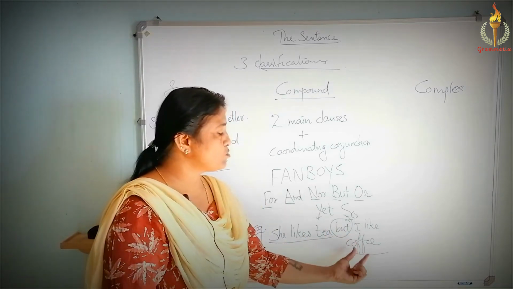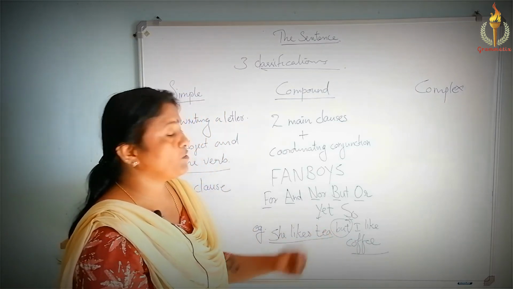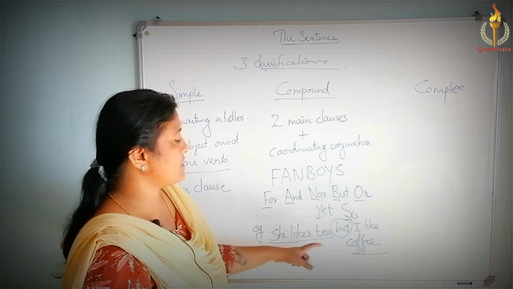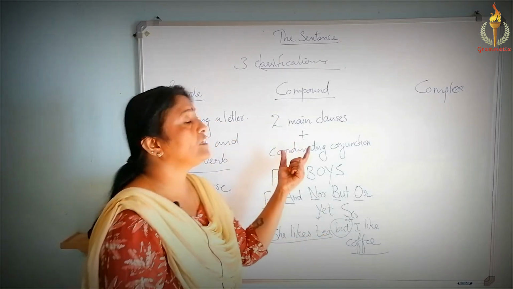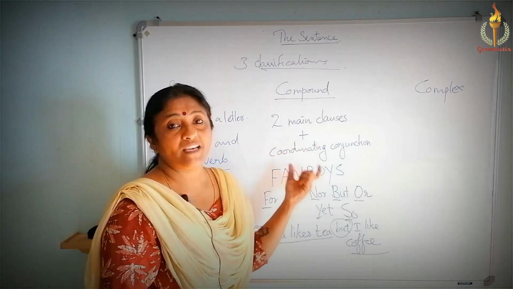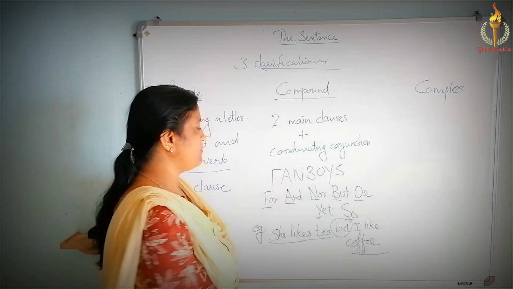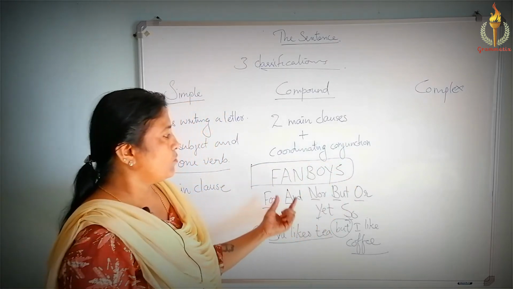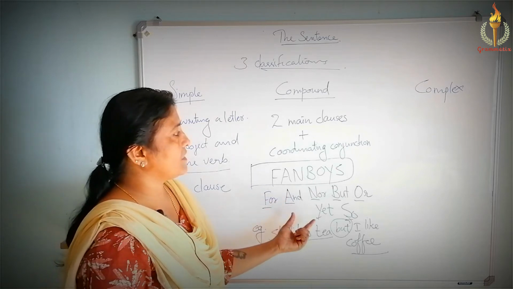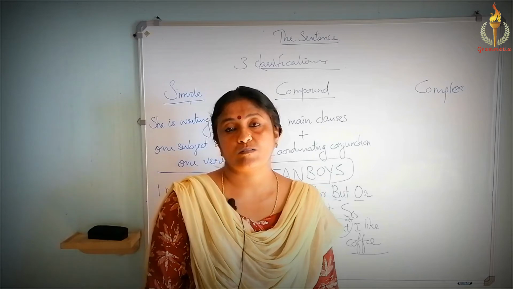So these are two main clauses and they are joined with a but. So these type of sentences are called compound sentences. Two main clauses joined by a coordinating conjunction. An easy way to learn the coordinating conjunctions is FANBOYS. These are the conjunctions that are used to join two main clauses.